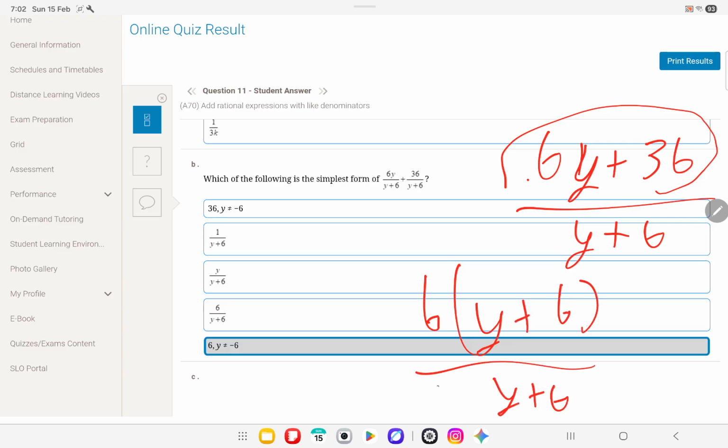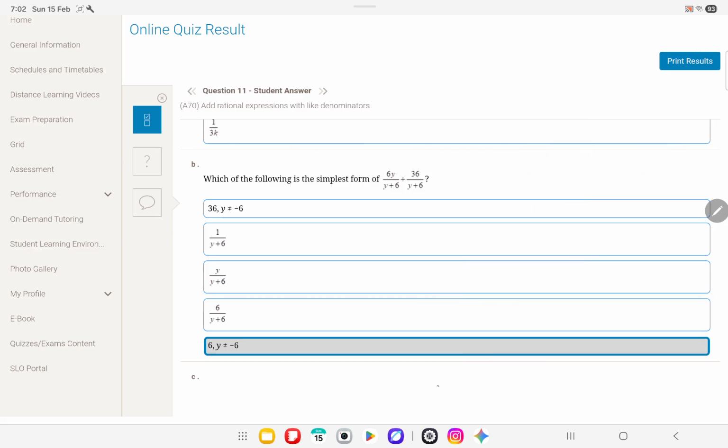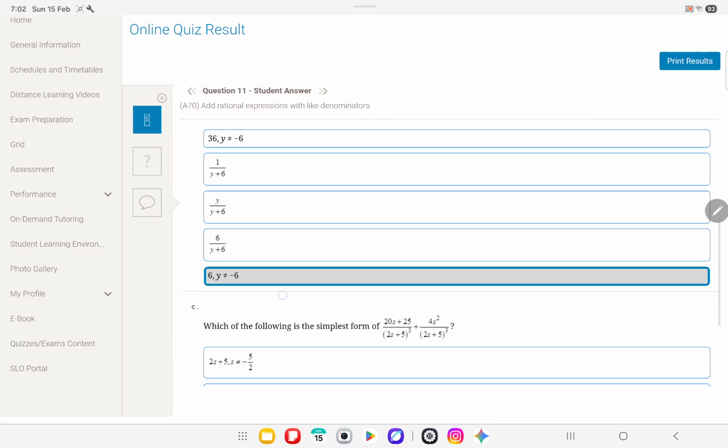Now, remember, if we're canceling a denominator, we have to make sure that it isn't 0. So how does this become 0? If it's -6 plus 6. So we put y can't be -6. So let's cross it out. It'll be 6, y is not equal to -6. This is the answer.